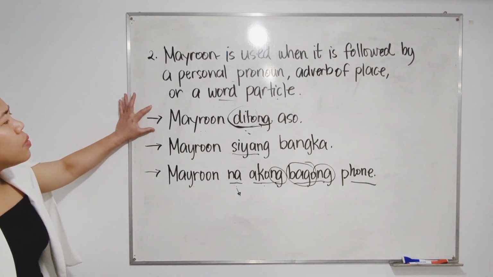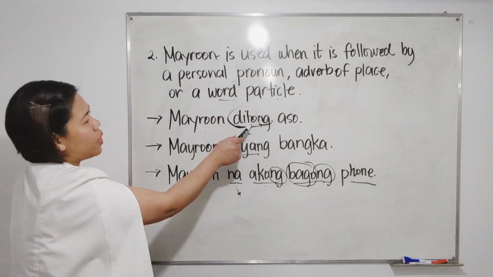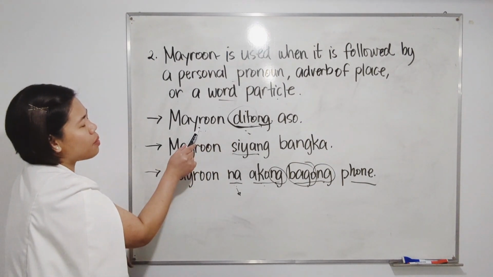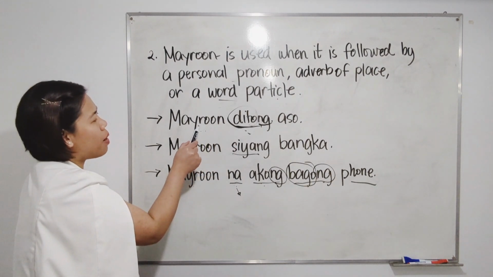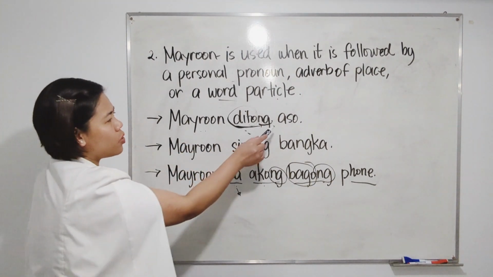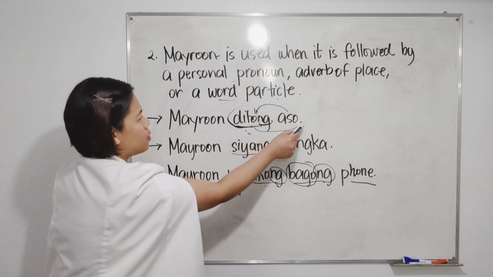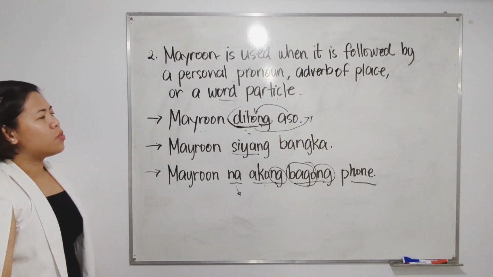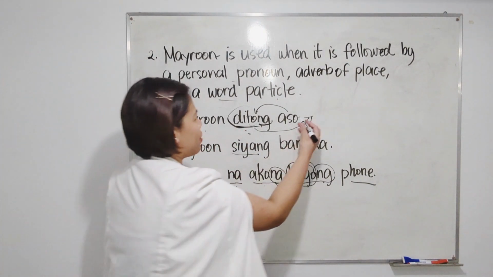We can use may here. How do we change this one so that we can use may? We need to remove this one. We need to put something after this so that we can use may. If we are going to interchange aso and dito, then your sentence will become "may aso dito." I'm gonna write that down.